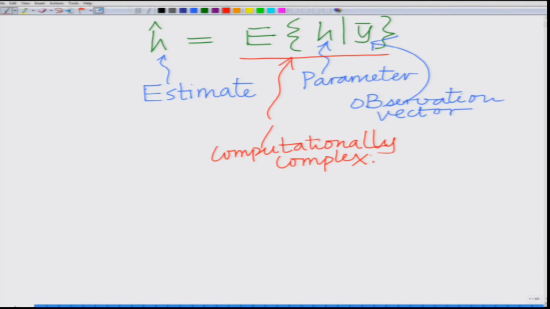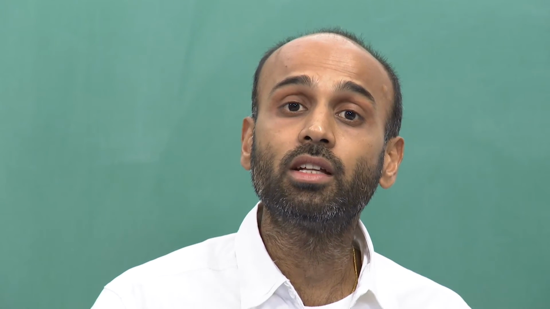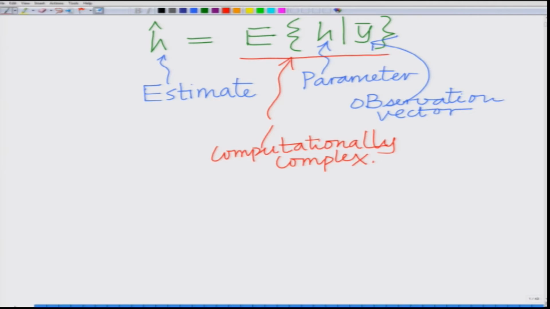Why are we saying this is computationally complex? Because to compute this expected value over the posterior probability density function, that is the expected value of h given y bar, first we have to compute f of h given y bar, that is the probability density function of the parameter vector h given the observation vector y bar.